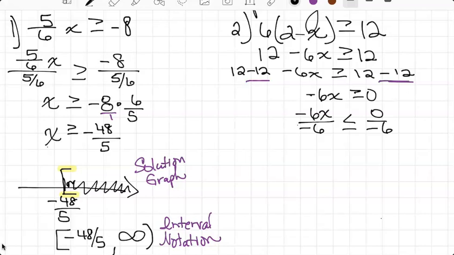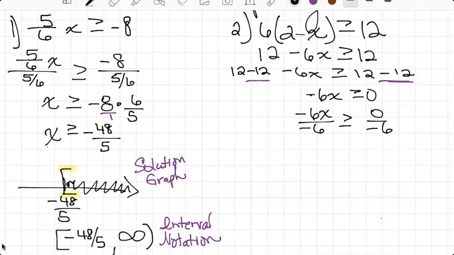A lot of times students will not write a separate line for this. They'll use the line up here. If you're using this line, this negative 6x greater than or equal to 0, and then you're immediately starting to divide by a negative 6, you will still have the greater than or equal to on your paper. And so when you write divide by negative 6, a lot of times students say, oh yeah, that's right, I have to change my inequality.